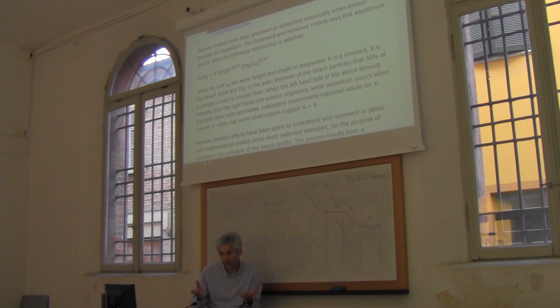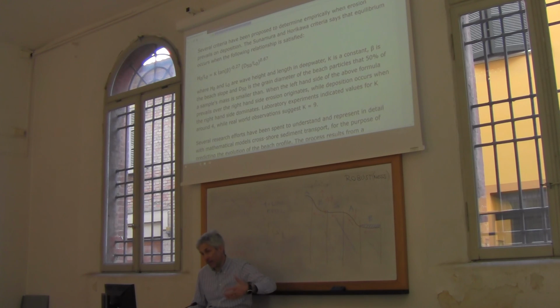Because, you understand that if you look at this equation, basically what does it say? It says that you have equilibrium, meaning no erosion, no deposition, when this relationship is satisfied. Okay? If you have the left-hand side prevailing, it means that you have erosion.